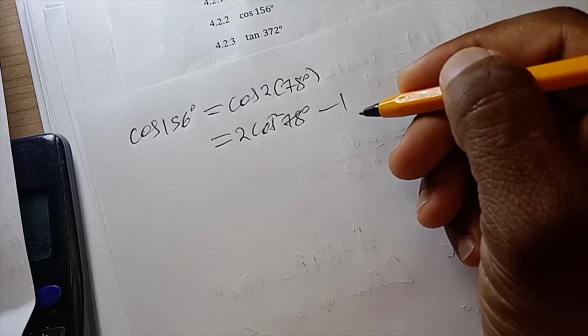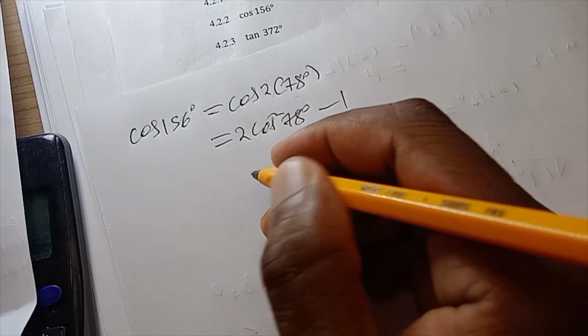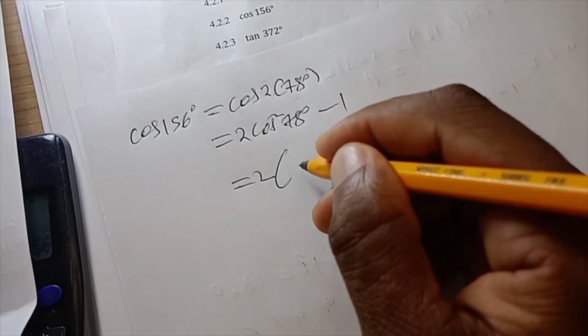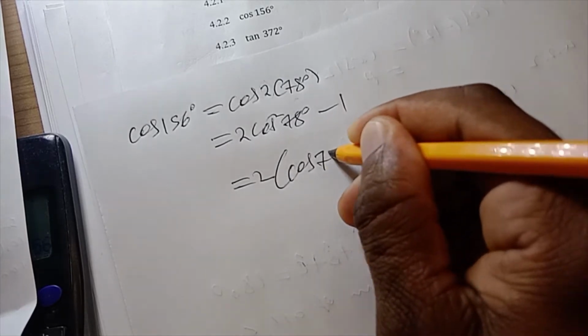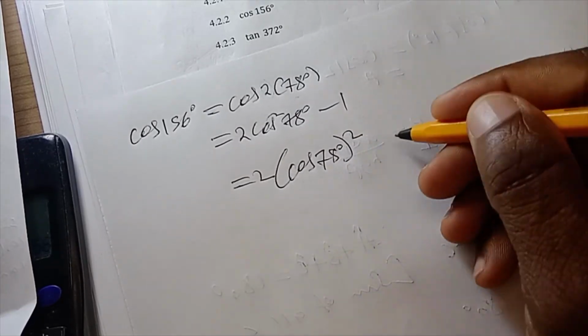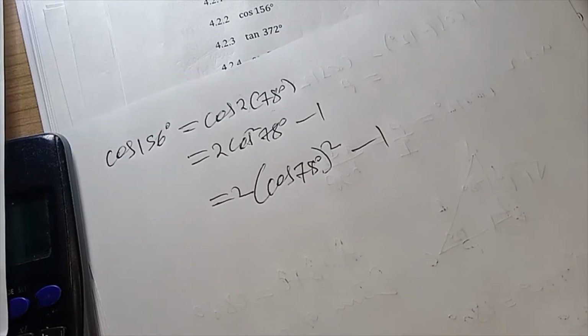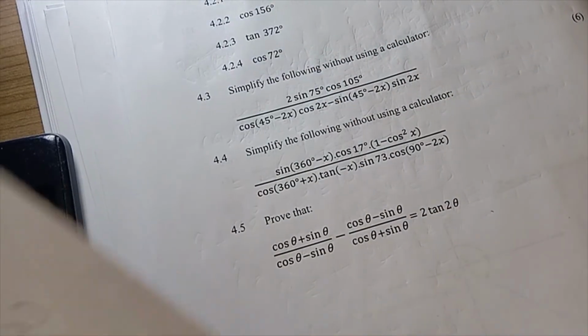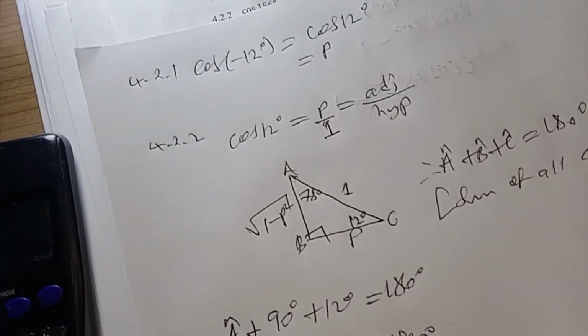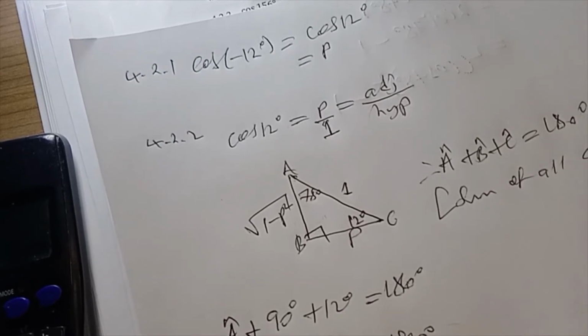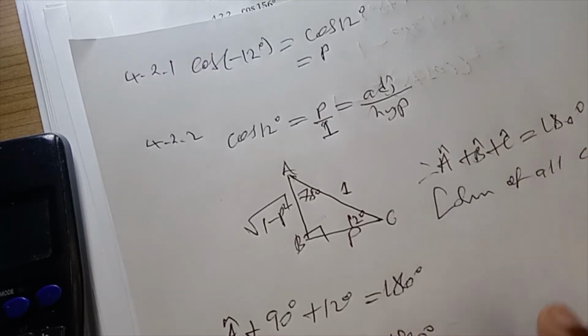Subtracting one there. Then I can write it in this fashion, cos 78 degrees, all of them squared. Then I go to my right angle triangle. Remember the cosine by definition is adjacent over the hypotenuse.